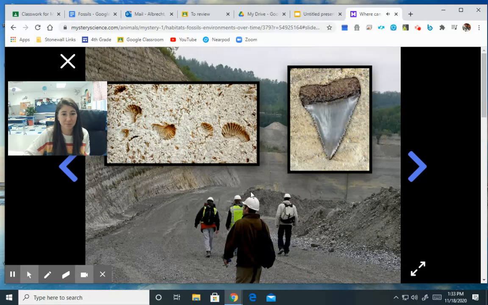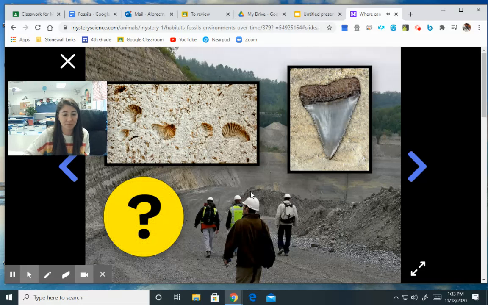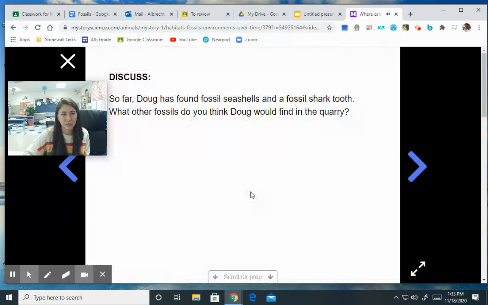I wondered, what other fossils could be found in this quarry? What do you think? Okay, so based on the fact that we found something that looks similar to a shark tooth and something that looks like a seashell, what other type of fossils might we find in this quarry?